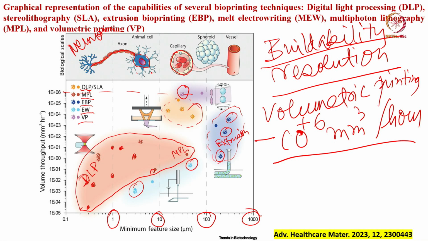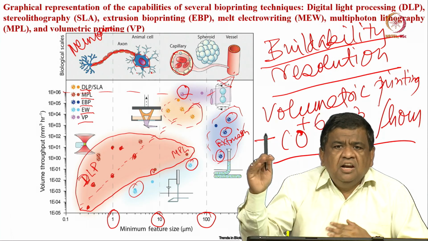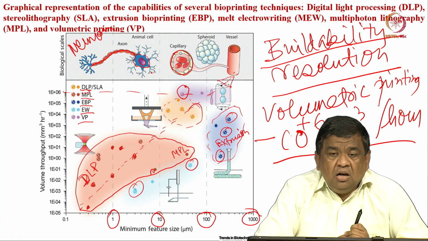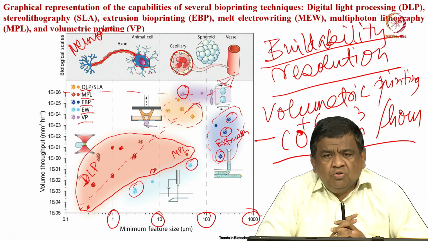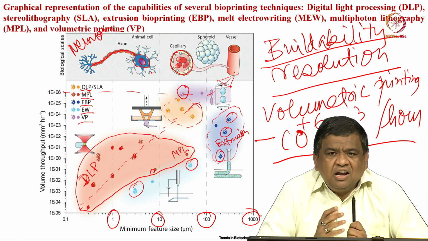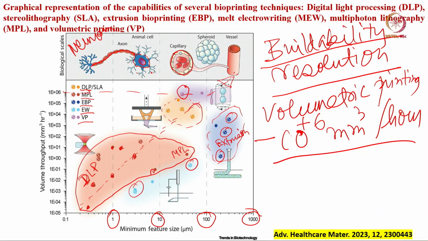If you take a mean average, the way I am drawing this dotted line, your buildability, volume throughput, and minimum feature size are kind of linearly related. So you can build large volume structures, or achieve large volume throughput, only with larger feature size. You cannot build large structures with a very small feature size like what DLP can do.